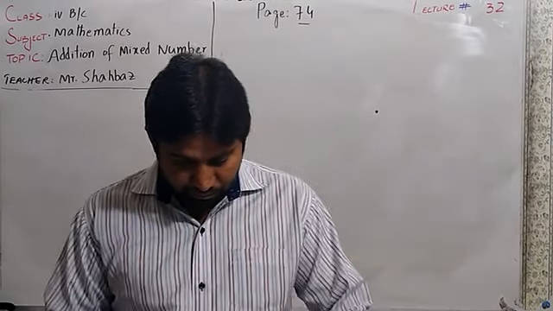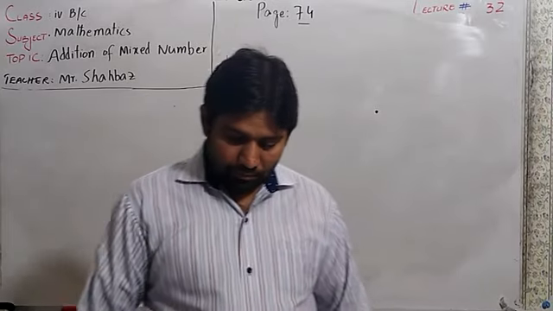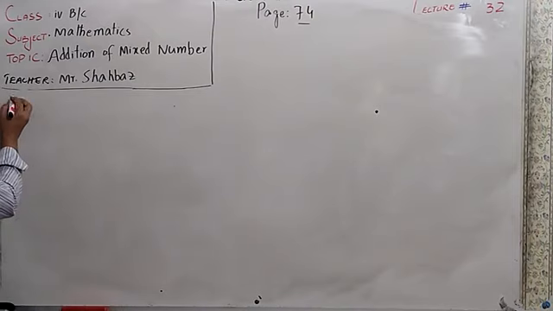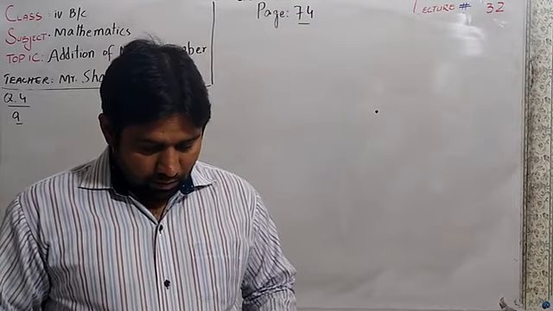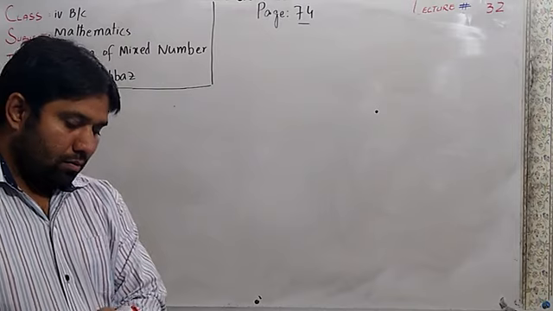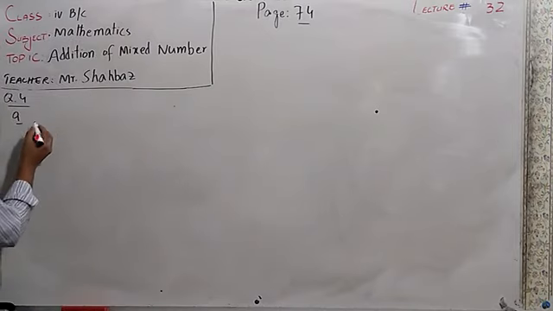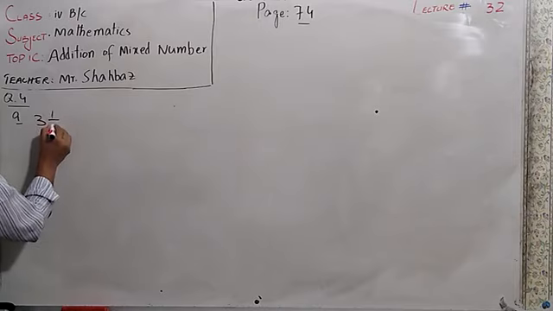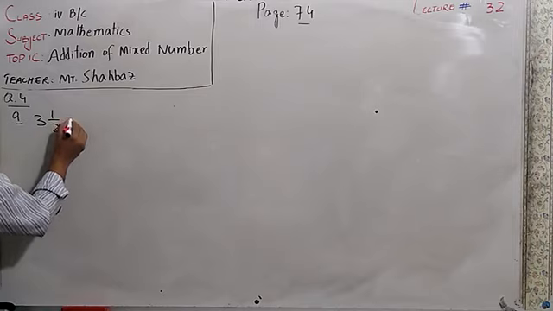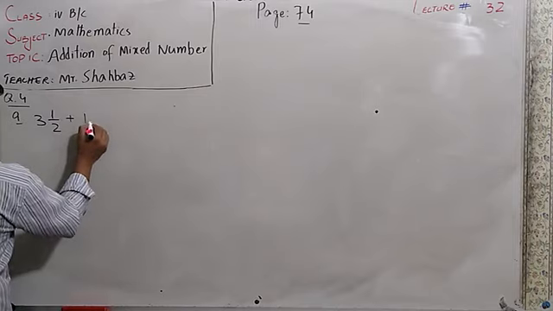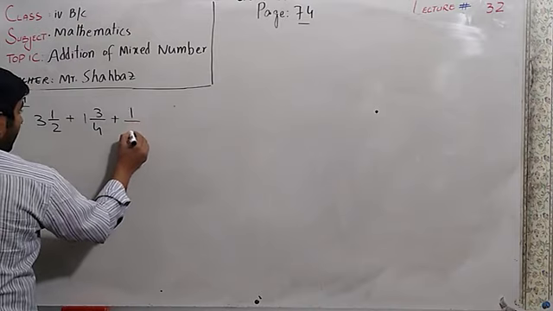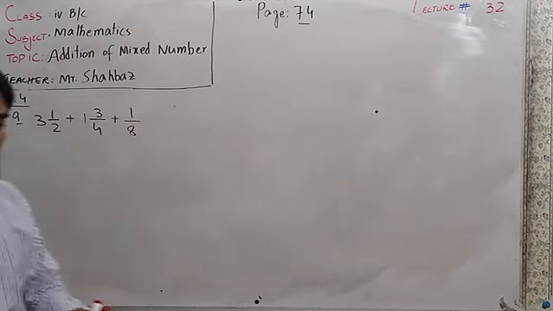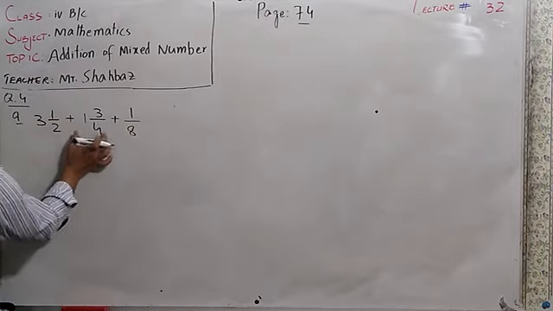Now, question number 4. Add these carefully. Question 4, part A. 3 whole 1 over 2 plus 1 whole 3 over 4 plus, fraction, this one, and this one.